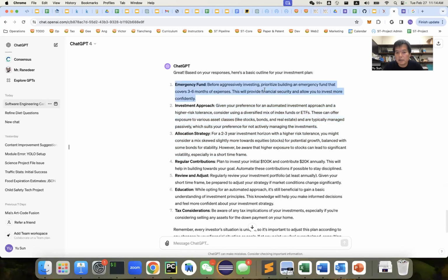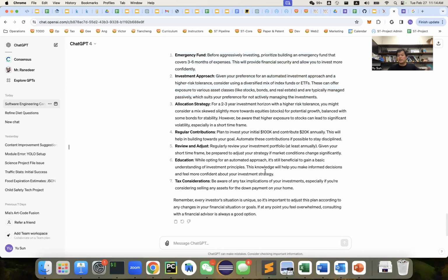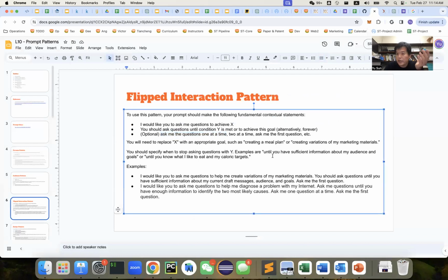They also did mention the emergency fund, which we didn't think about, and also how much you want to keep growing that. So that's just one example, but the difference is that it helps you to collect information if you don't know what even to ask.